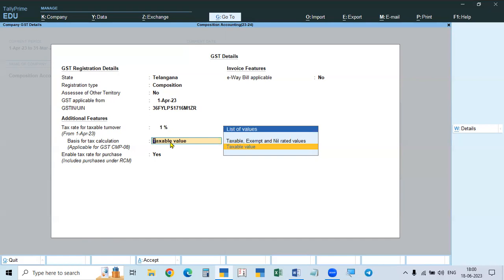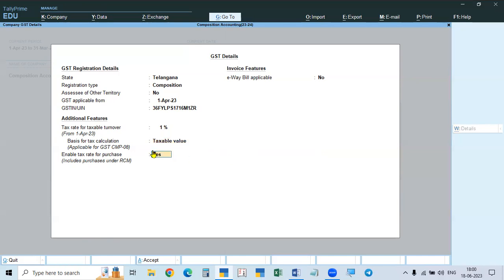Suppose you are not a trader, in other cases, the respective percentage, for a manufacturer 1%, 5%, 6%, is calculated on the total turnover, that is taxable, exempt, and nil rated goods. We have to pay the tax on the total turnover. But now we are taking as trader, so we take it as taxable value.